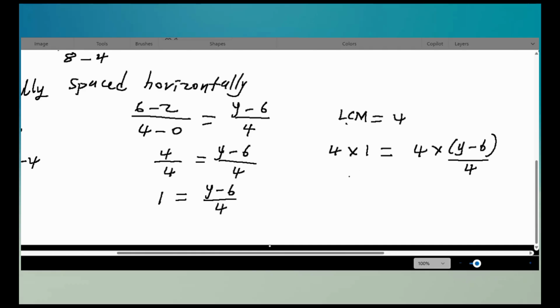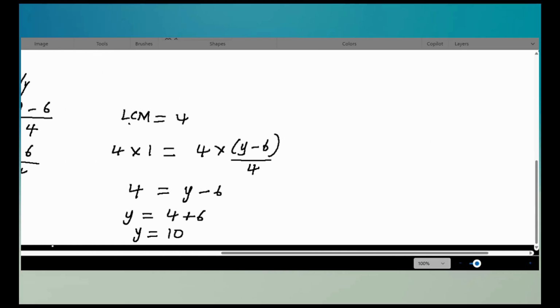Then you're going to have 4 equal to, 4 times 1 is 4, and then the 4 goes into 4, once, right? So here's going to be y minus 6, and our y would then be equal to 4. When it crosses, it becomes plus, right? So plus 6, and y will be equal to 10.